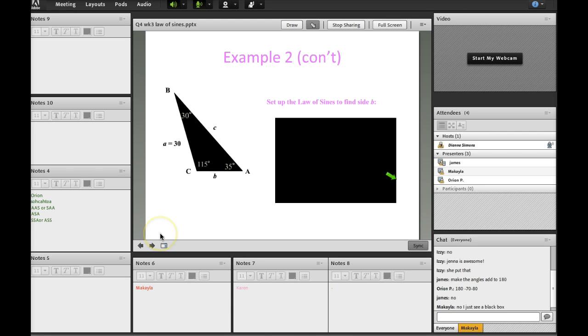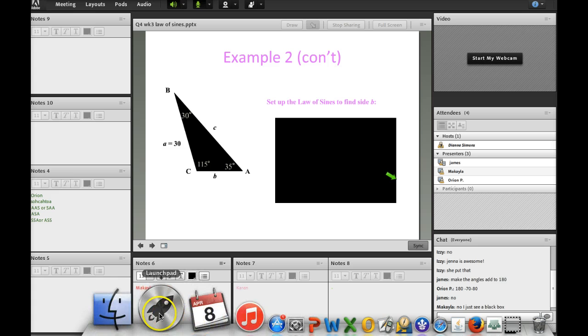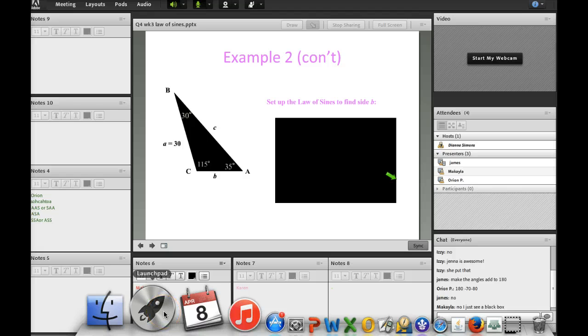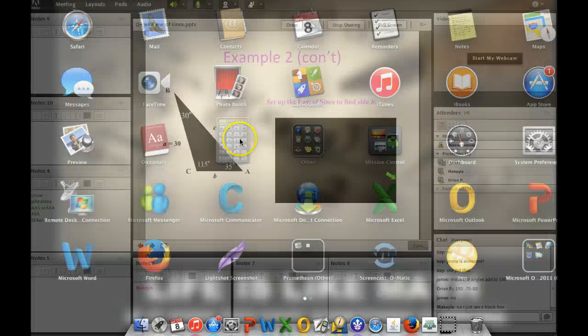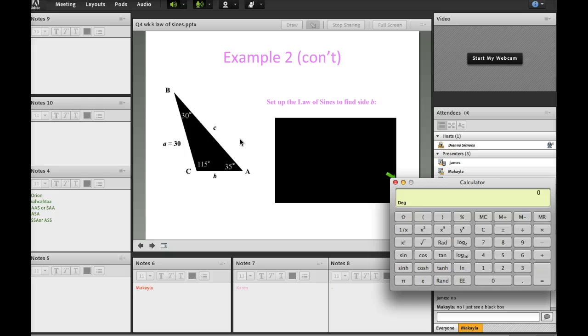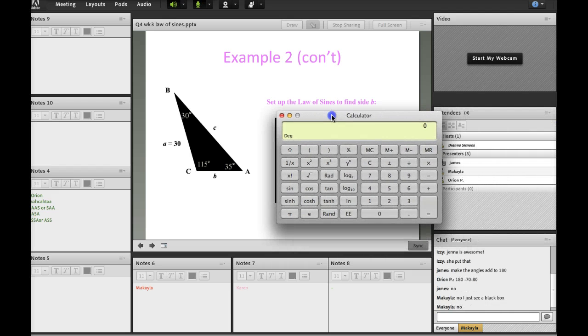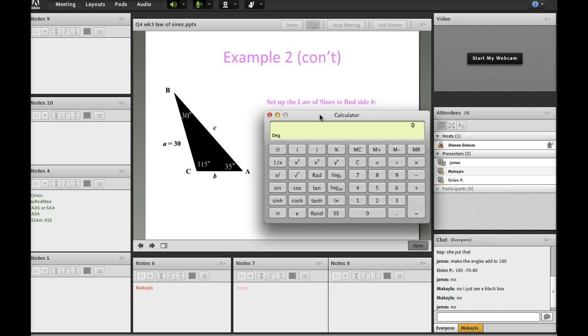I think it's because when you do the box to show where you're recording, you didn't do the box with the calculator. You have to add that in there too. Oh, okay. All right, guys.